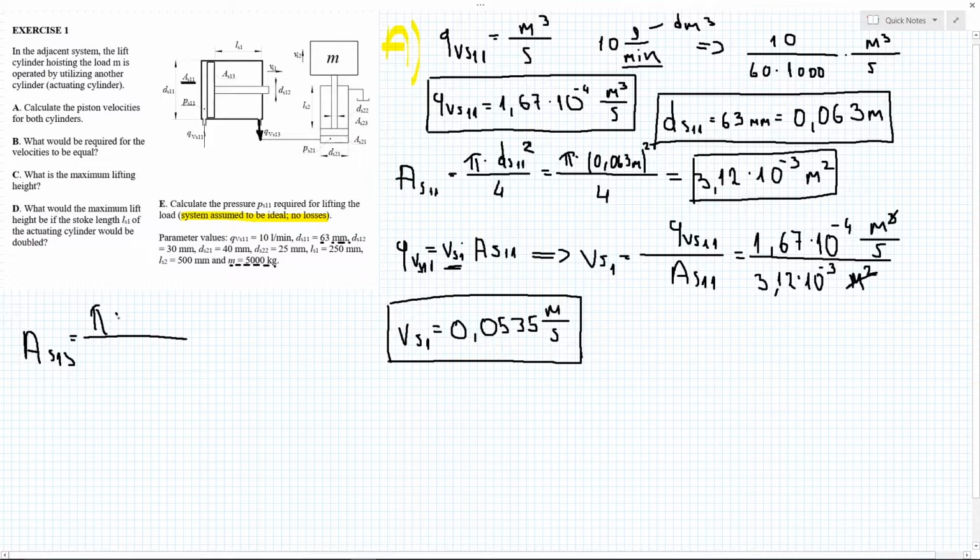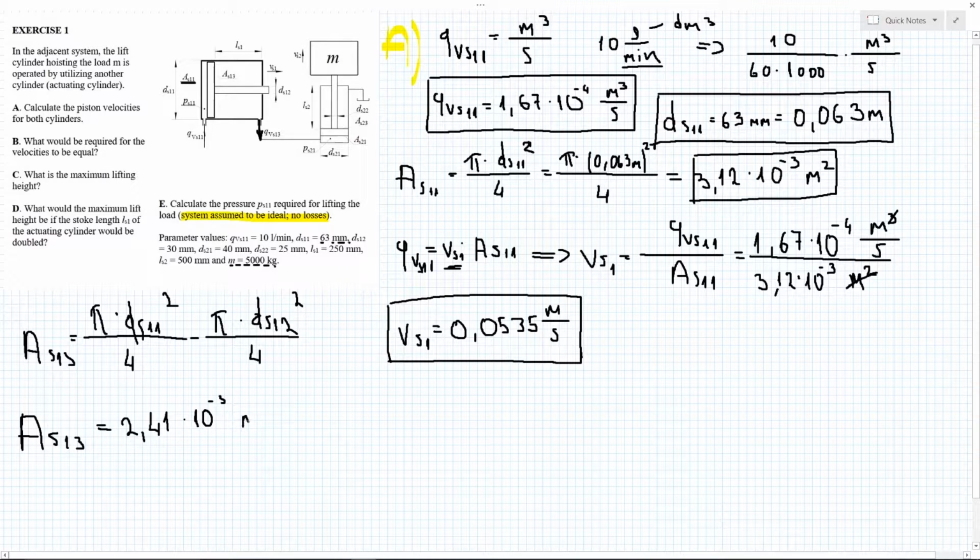So we have pi times ds11 squared divided by 4 minus pi times the diameter of the piston rod, ds12 squared divided by 4. Take your calculators, and what we get is 2.41 times 10 to the minus 3 meters squared. Okay, this is the area of the back of the piston.